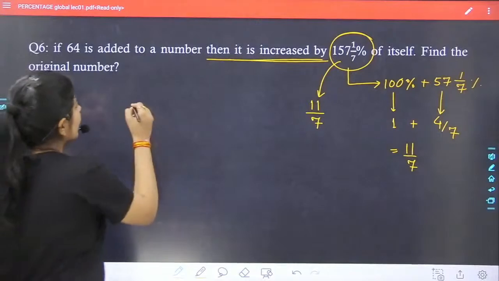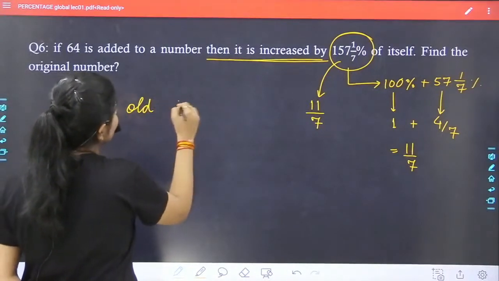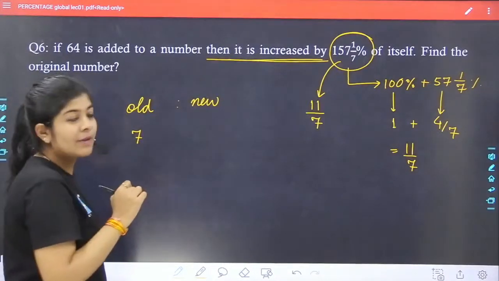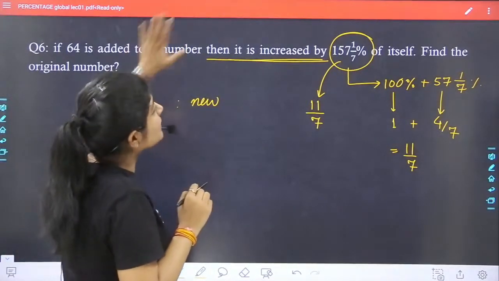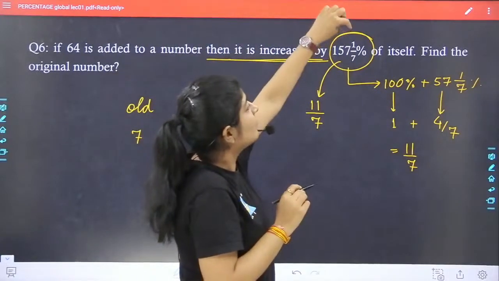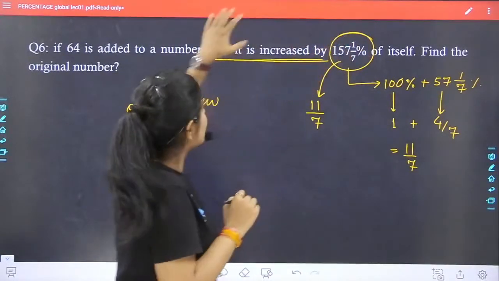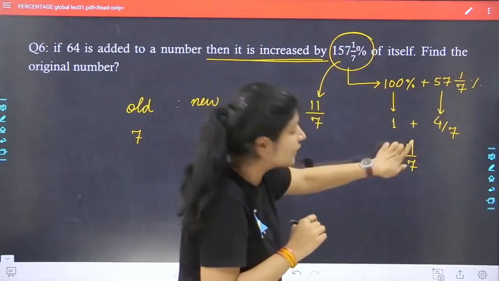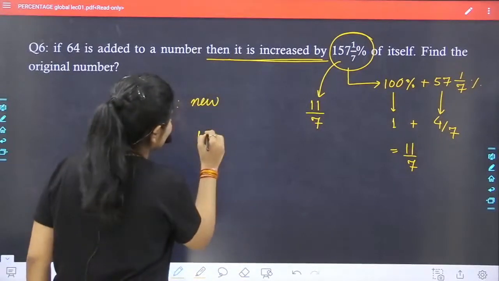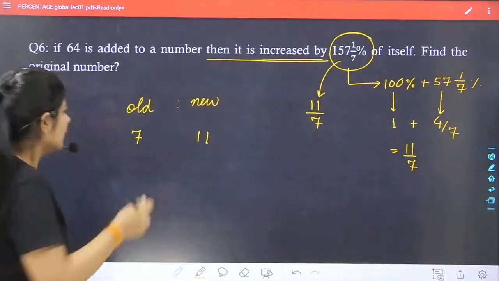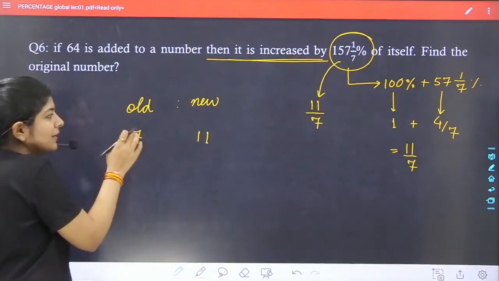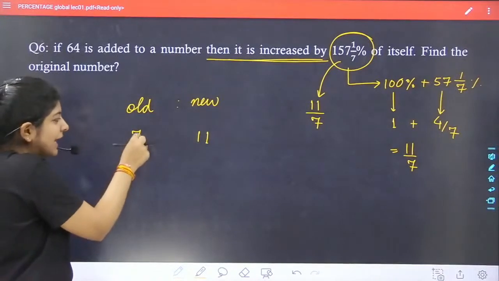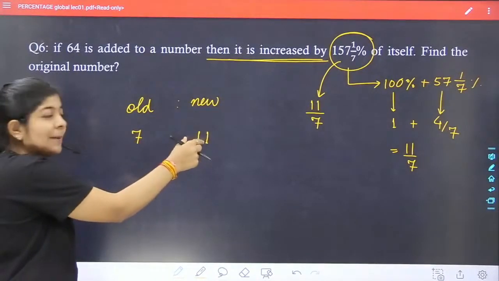If I have my old and new ratio, with 7 as my old number, and the number is increased by 157 1 by 7% of itself, then it will become 11.